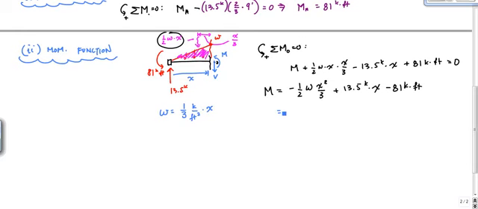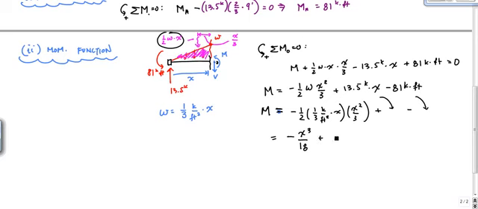And so now when I put that into here, my moment function finally becomes minus 1/2 times 1/3 kip per foot squared times x squared over 3, which becomes, 3 times 3 is 9, so minus x cubed over 18 kip per foot squared, plus 13.5 kips times x minus 81 kip-feet.